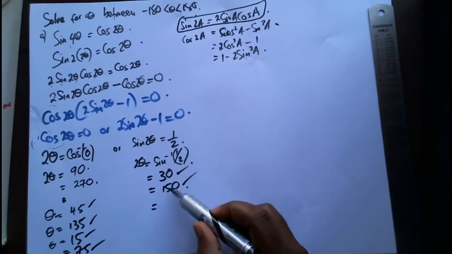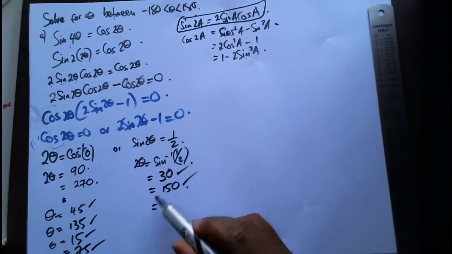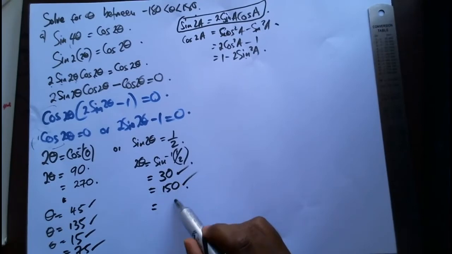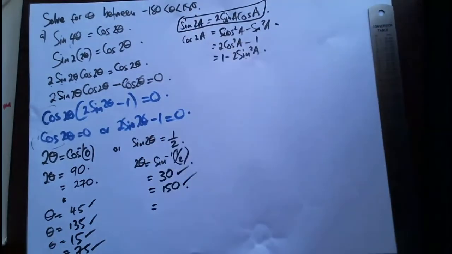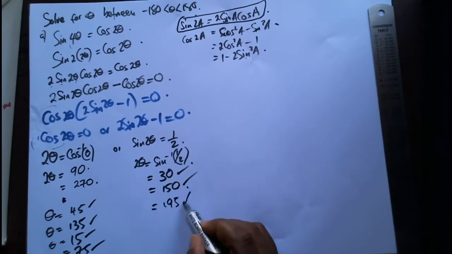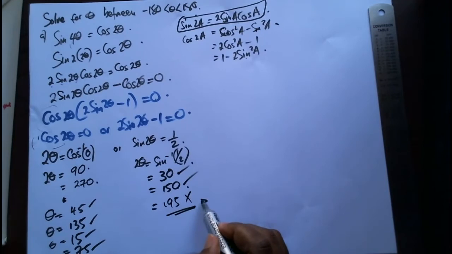Should I get another one here that if I divide by 2, it is within the range of 180? So it will be what? It will be 30 plus 360 divided by 2. It is 195, which is not within the range.